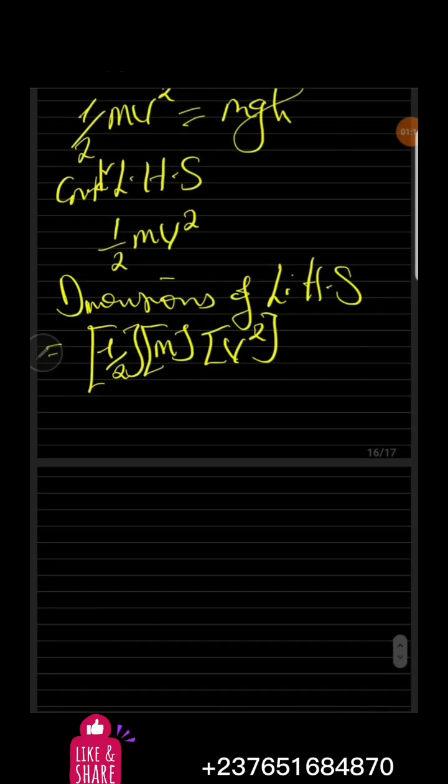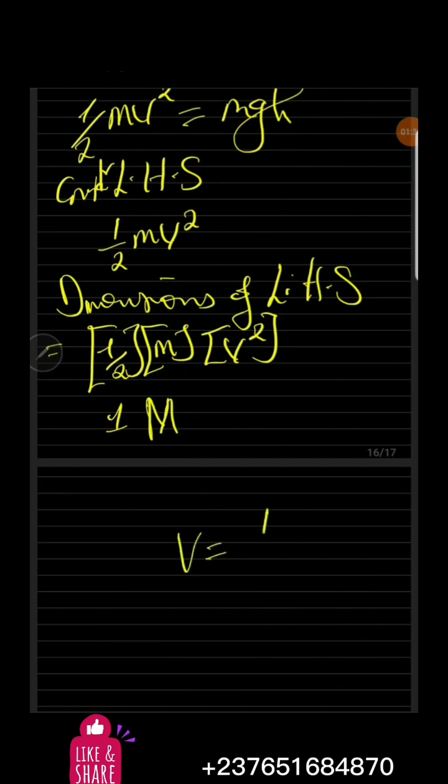Half is a constant, so the dimension can be put as 1. The dimensions of m, which is mass, is big M, and the dimensions of velocity is the same as velocity.